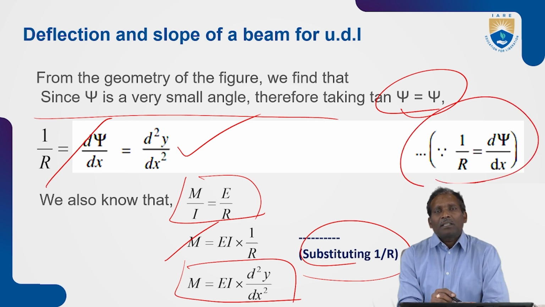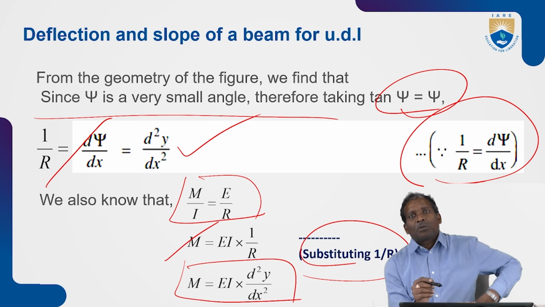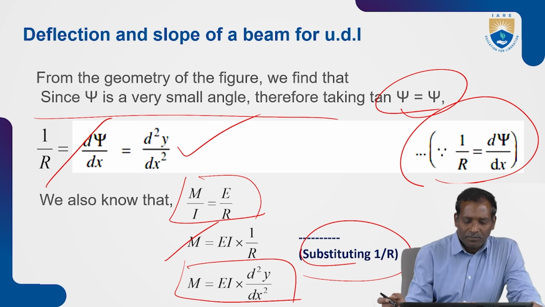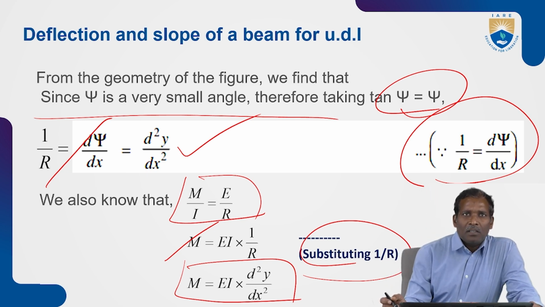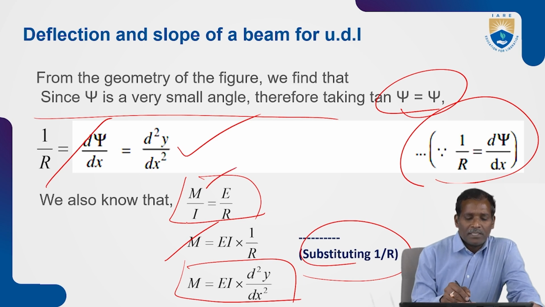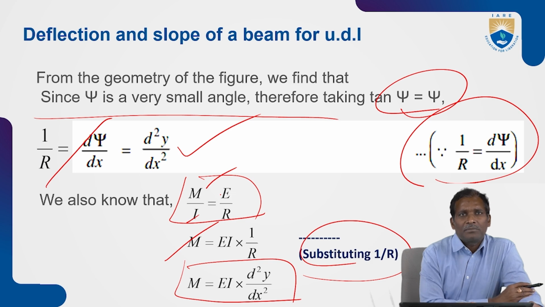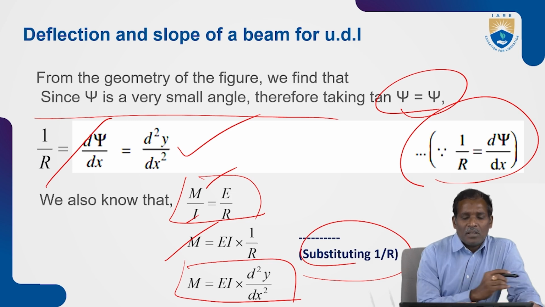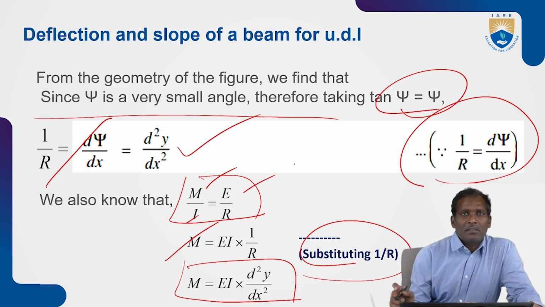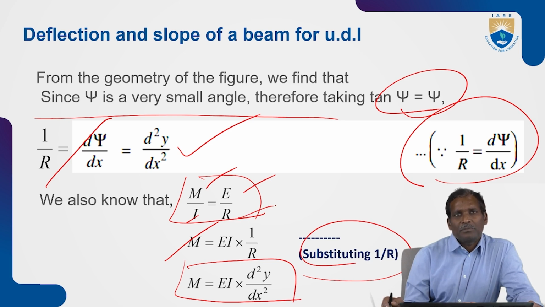So we know that M by I is equal to E by R, the bending equation, where M is the bending moment, I is the moment of inertia, E is the modulus of elasticity, and R is the radius of curvature of the beam.